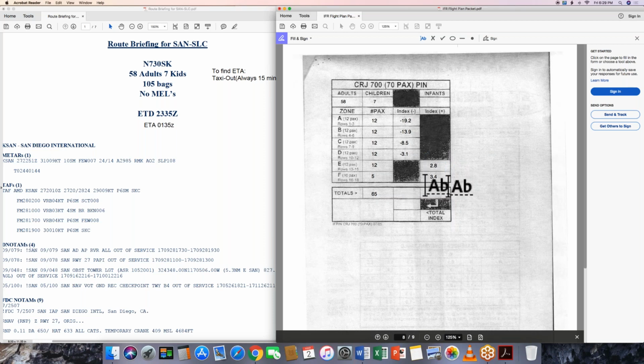Thank you. So now we add up our columns, right? So our negative side, what is that total? Negative 44.7. Okay. And our positive side is 6.2. Yep.